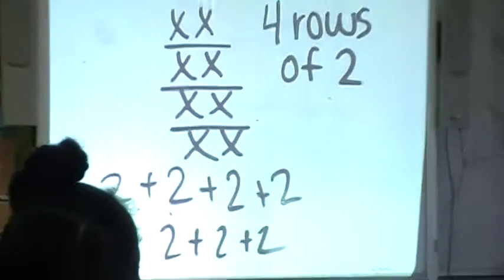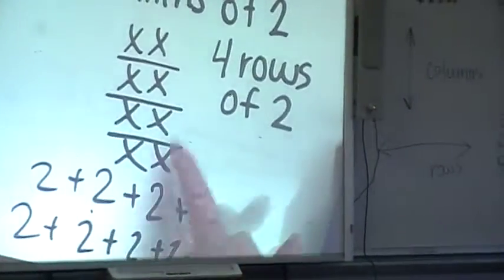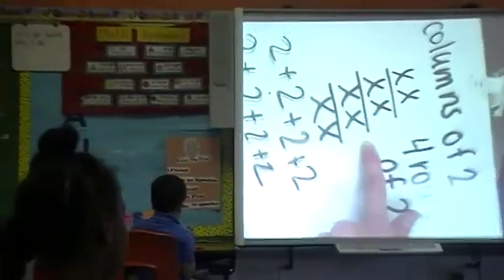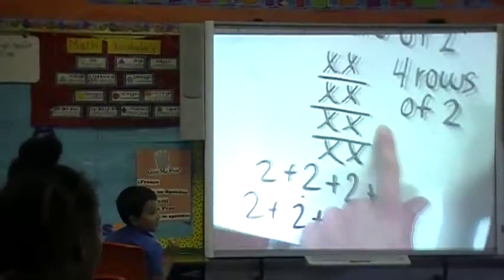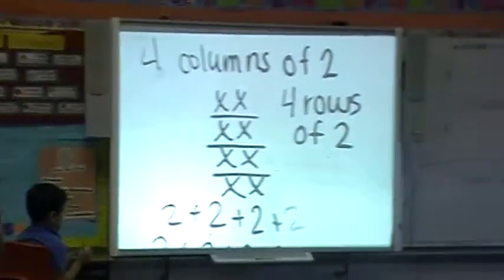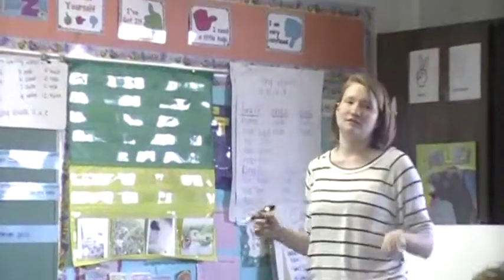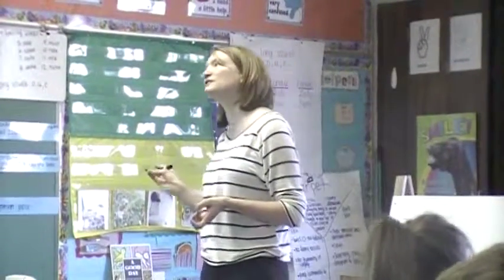It's the same thing. Alright, look at your X's. 4 columns of 2 and 4 rows of 2. How are they related? How are 4 columns of 2 and 4 rows of 2 related?